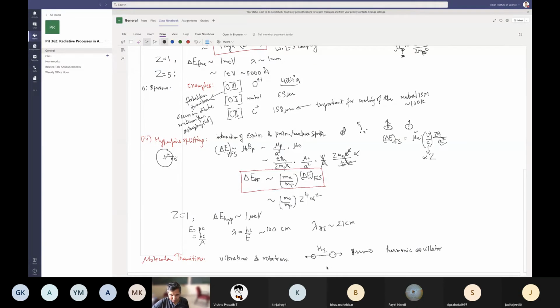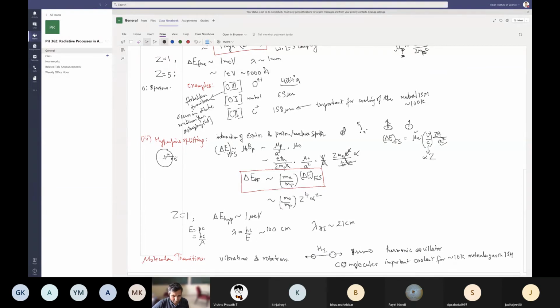Or you can have CO or CO2, the CO molecule, carbon monoxide. Very important coolant for 10 Kelvin molecular gas in the ISM.